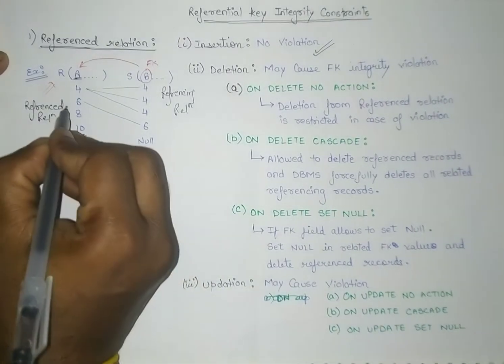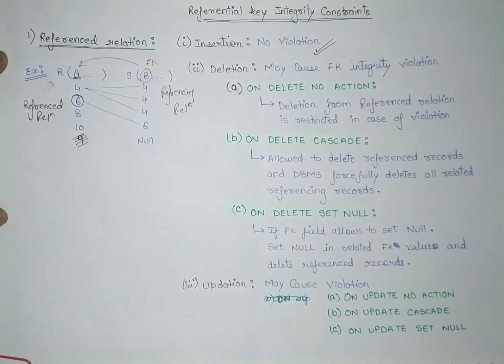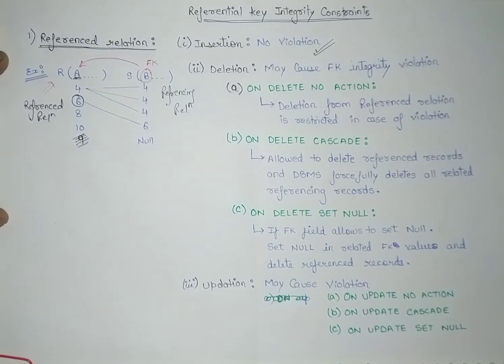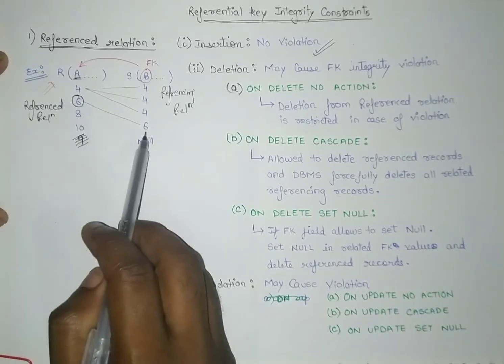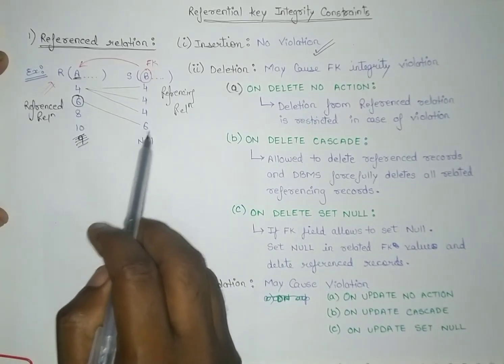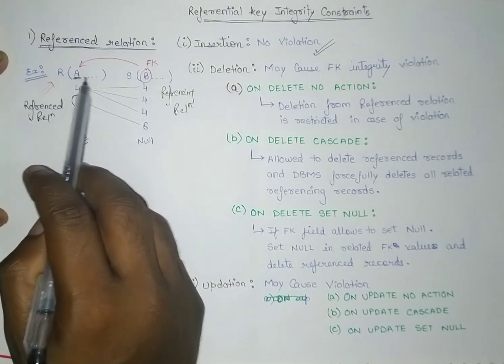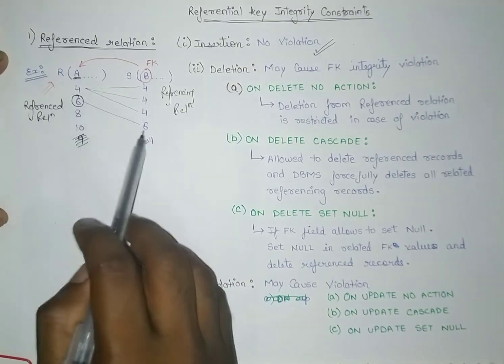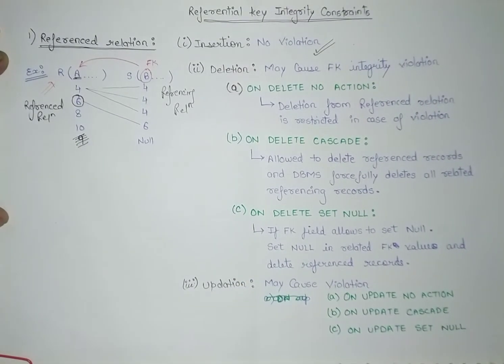But if I try to delete this 6, will that cause an issue? Yes, that will cause an integrity violation, because 6 has been referenced from A only, na? If it is not in A, how can it be available in B? So that will be an issue.